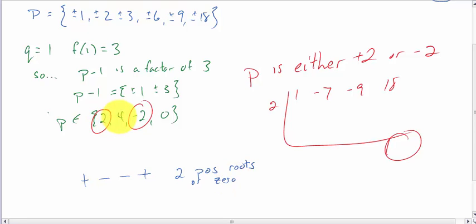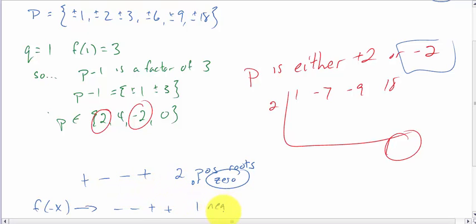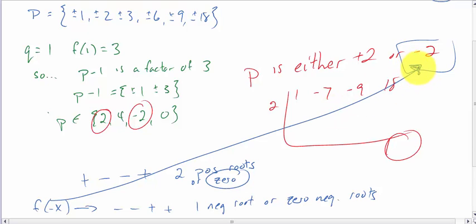And since we only have 2 choices, positive 2 or negative 2, there's 0 positive roots. By default, that should say it's probably going to be negative 2, but we should double check. What is f of negative x going to give us for signs? We'll get negative, negative, positive, positive. So here we know that there's 1 negative root or 0 negative roots. By Descartes' rule of sign changes, this is the only integer root that we could have.